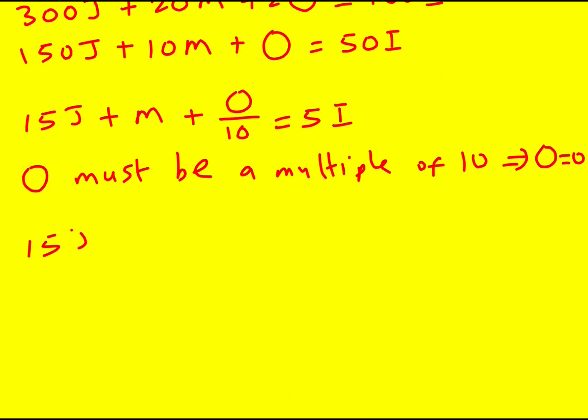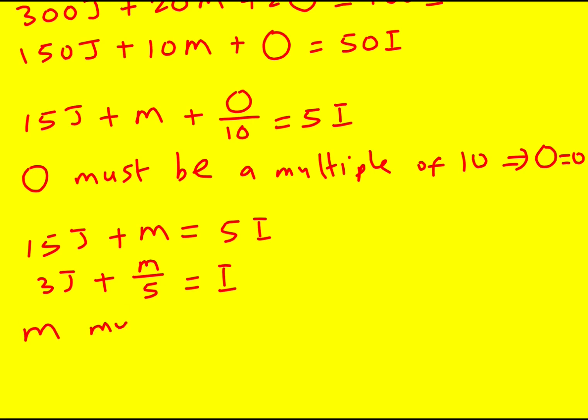So now we've got 15J plus M is equal to 5I. And we can do a similar thing again. Now there's a common factor of 5. I can divide through, so I've got 3J plus M over 5 equals I. M must be a multiple of 5.